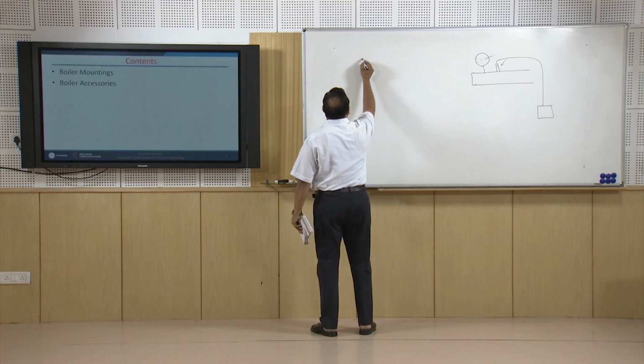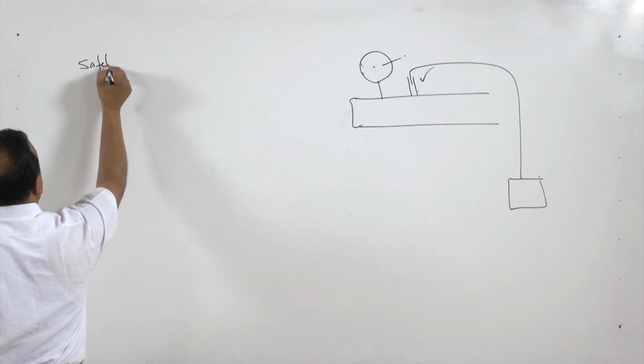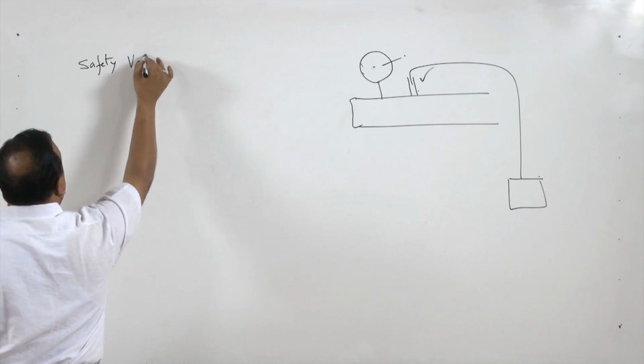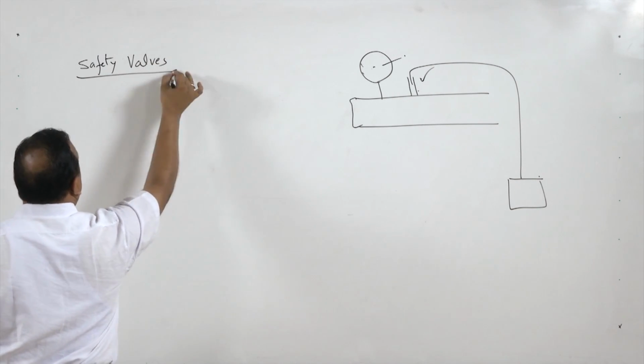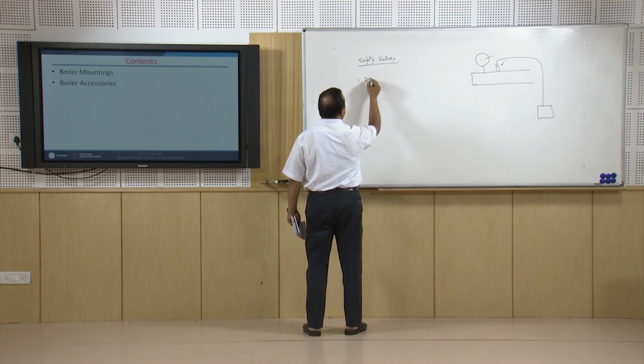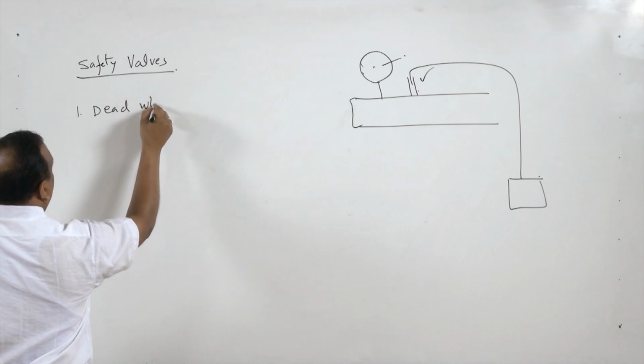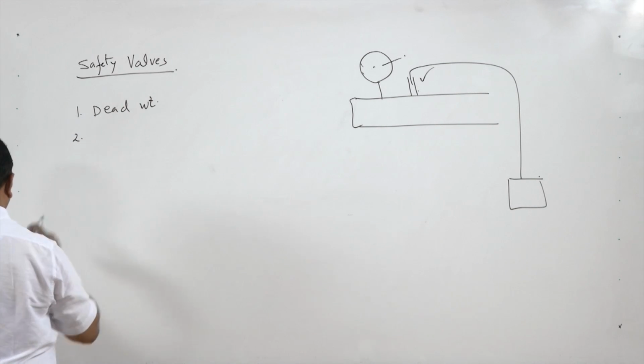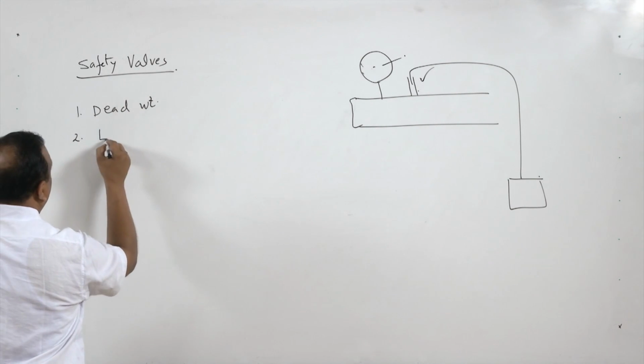Now, safety valves: there are 4 types. One is the dead weight safety valve. The second is the lever safety valve.